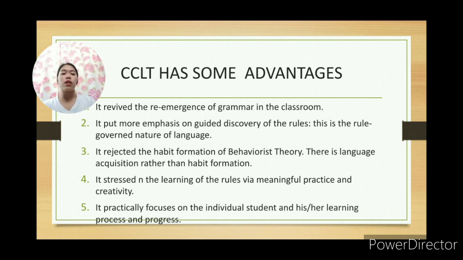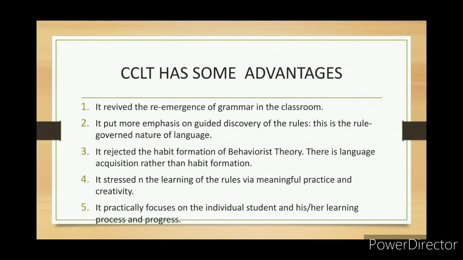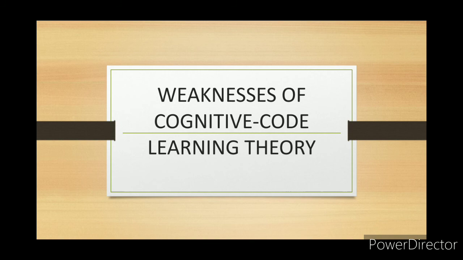English teachers can be more didactic and creative with their students, and the children can enjoy learning through no rigorous processes. Errors are considered an important part of the learning process, notion of competence and performance. Next, we have weaknesses of cognitive code learning theory.